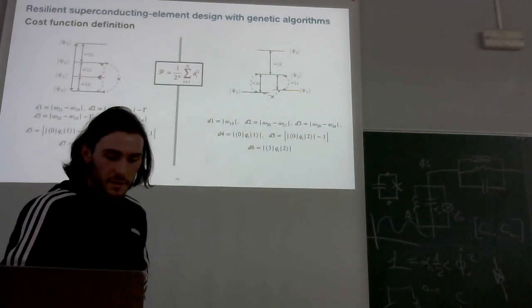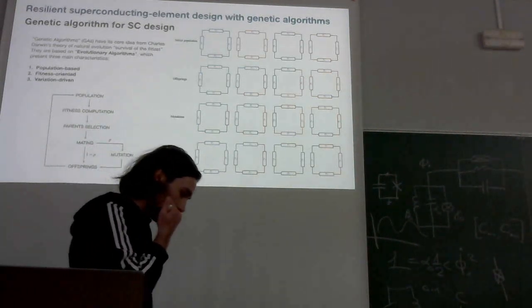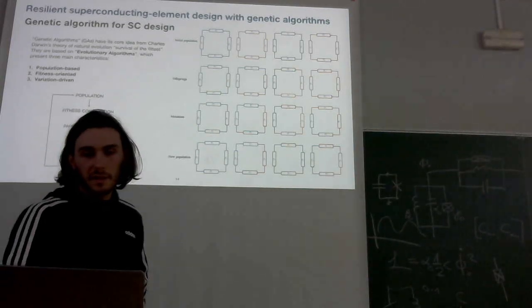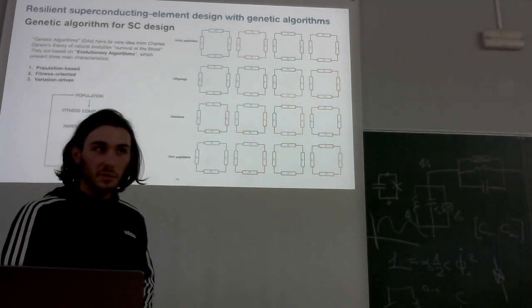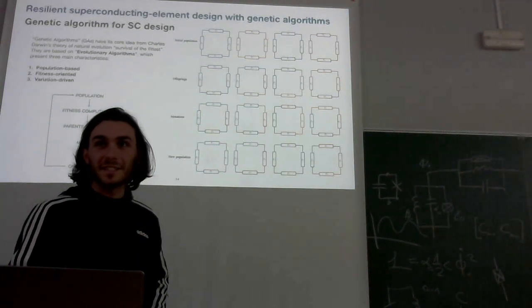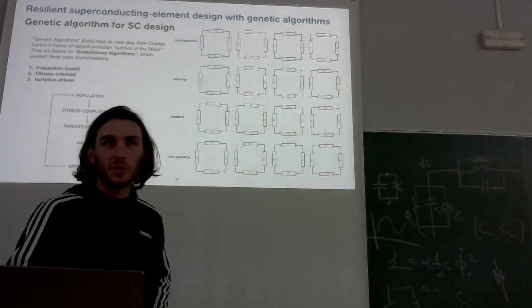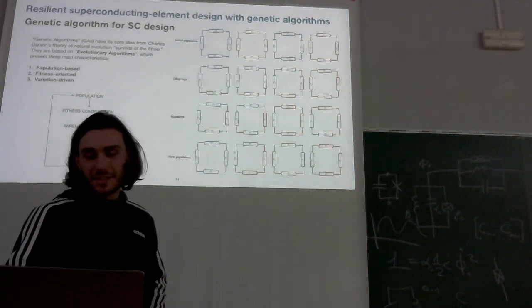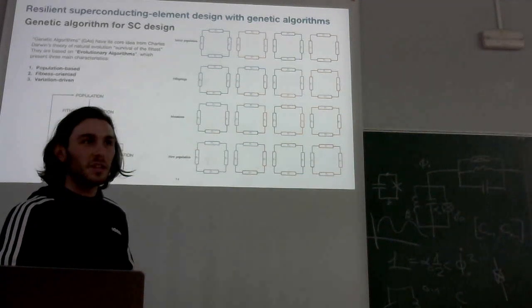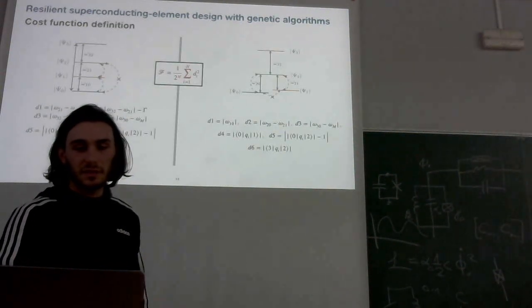Okay, so now that we've spoken about the genetic algorithms, we need to discuss one key point: how you know if one circuit is good or bad. This is a crucial point in every optimization algorithm. This is the cost function definition.